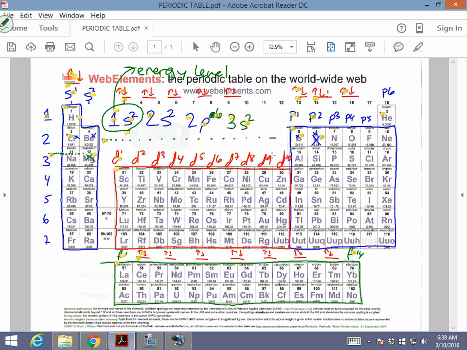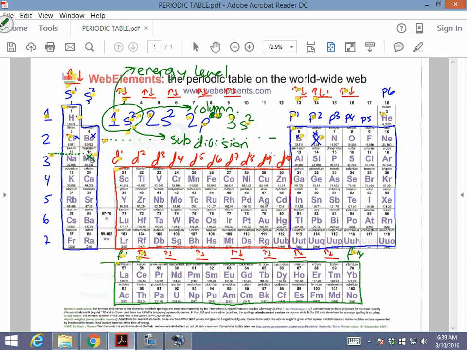The S here represents the subdivision of the energy levels. And the little power here represents the column. Therefore, the 1 is the major energy level. The S in this case is the subdivision of energy, and the 2 represents in this case the column in which it is placed.